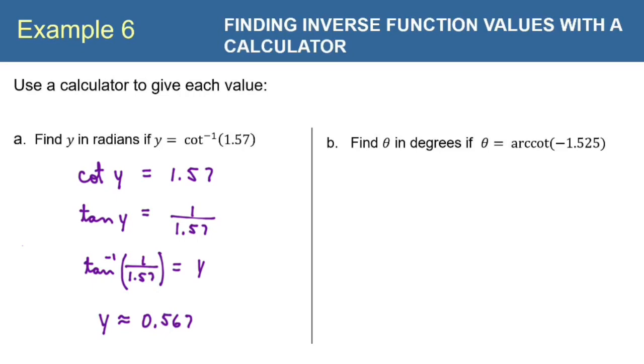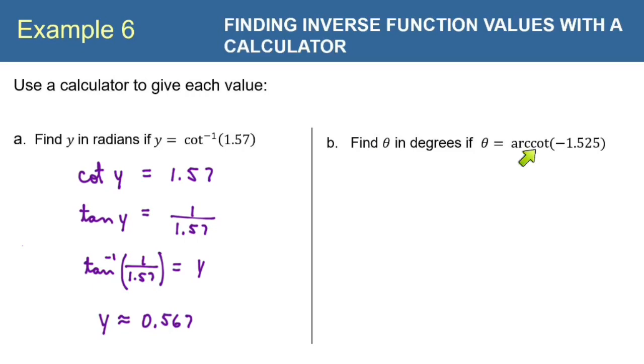We're fine. Now let's go to part B, and this says find theta in degrees if theta equals arc cotangent of negative 1.525. So first of all, before we do anything, please go ahead and set your calculator in degrees so we don't forget to do that later.